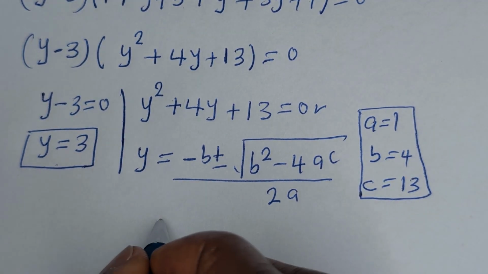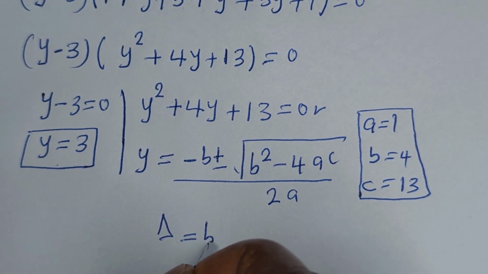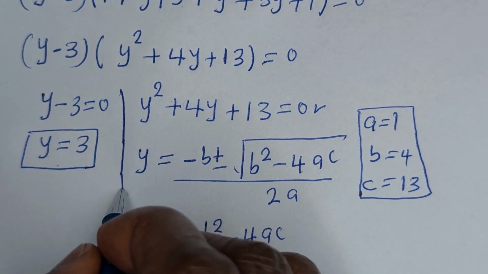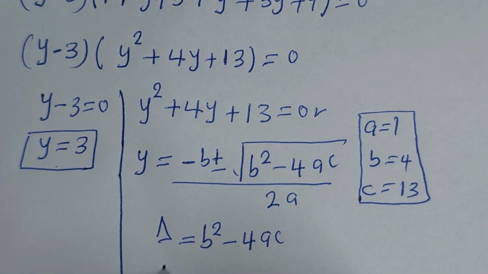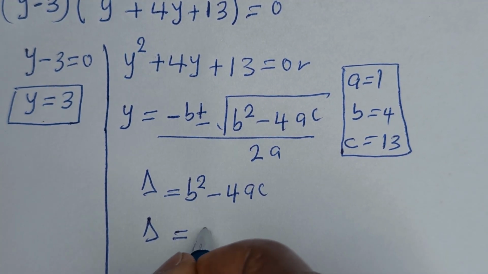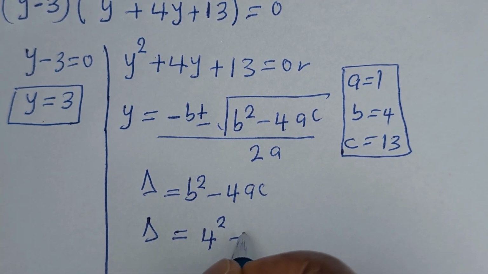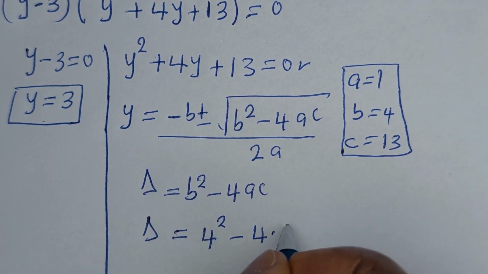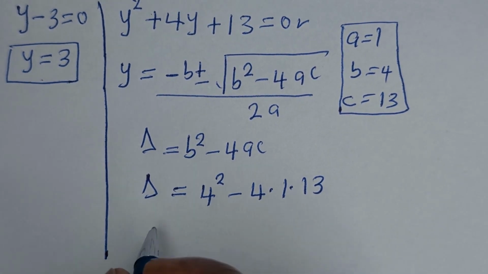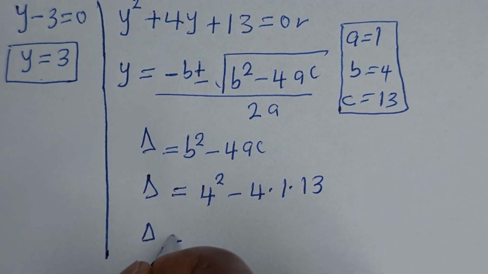The discriminant D = b² - 4ac. So D = 4² - 4 × 1 × 13.